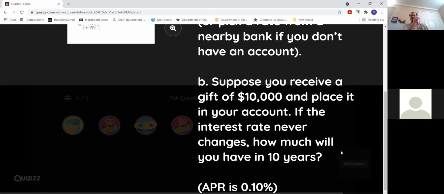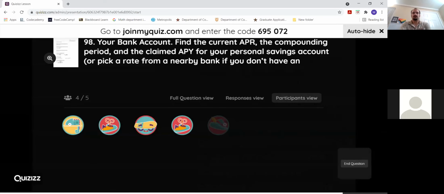And I have an APR of 0.1, or 0.001 if I convert that to a decimal. Okay. Should be finishing this up.